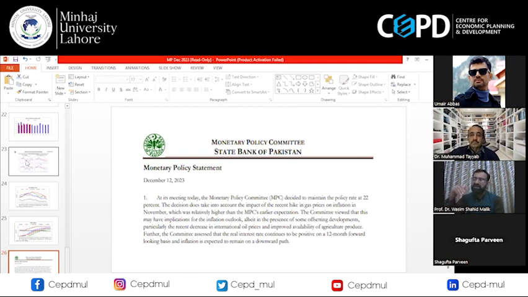Secondly, it is measured through a 20% trimmed mean. That is, we exclude items with a weight of 10% in the CPI basket from the upper side and 10% from the lower side.